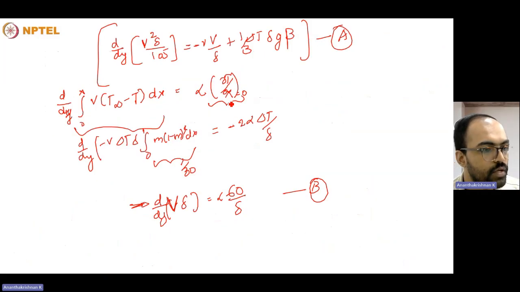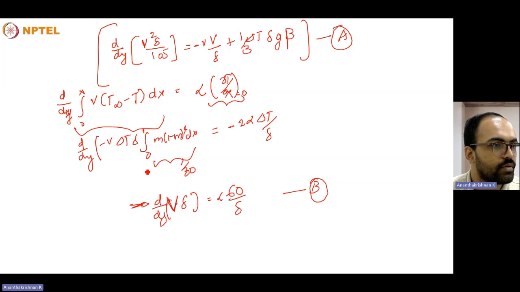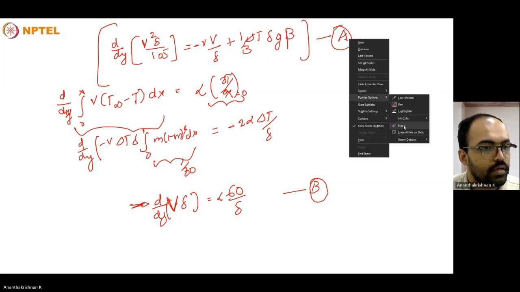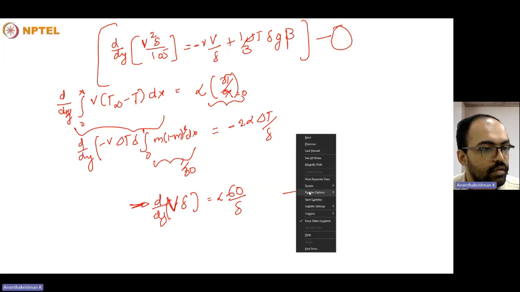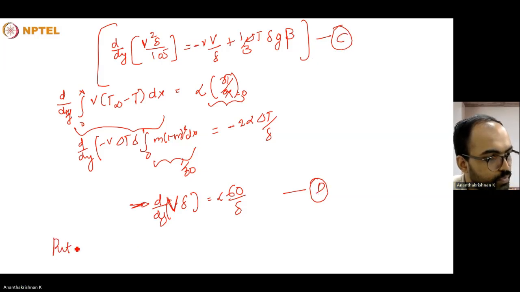So we substitute both of them, make use of A and B. I used the wrong terminology again: it should be C and D, so put A and B in C and D.